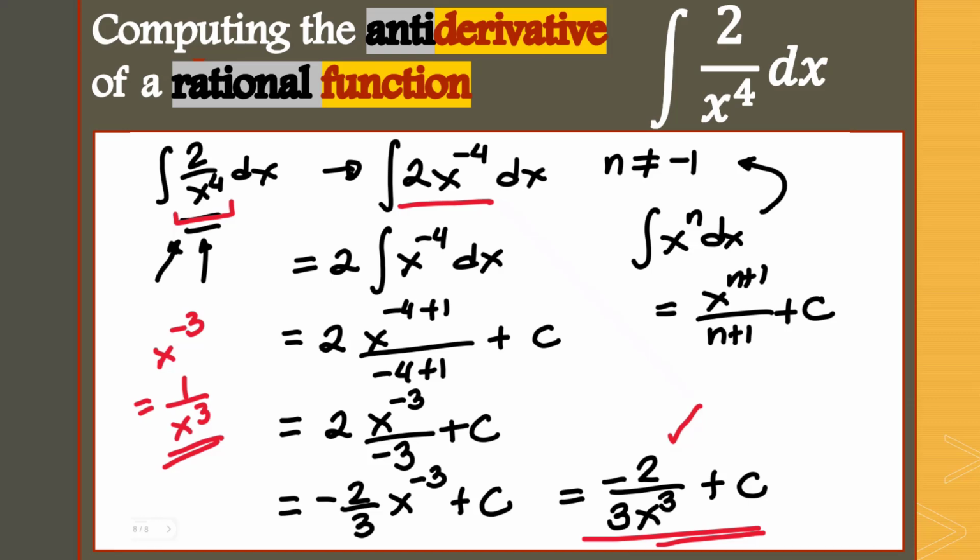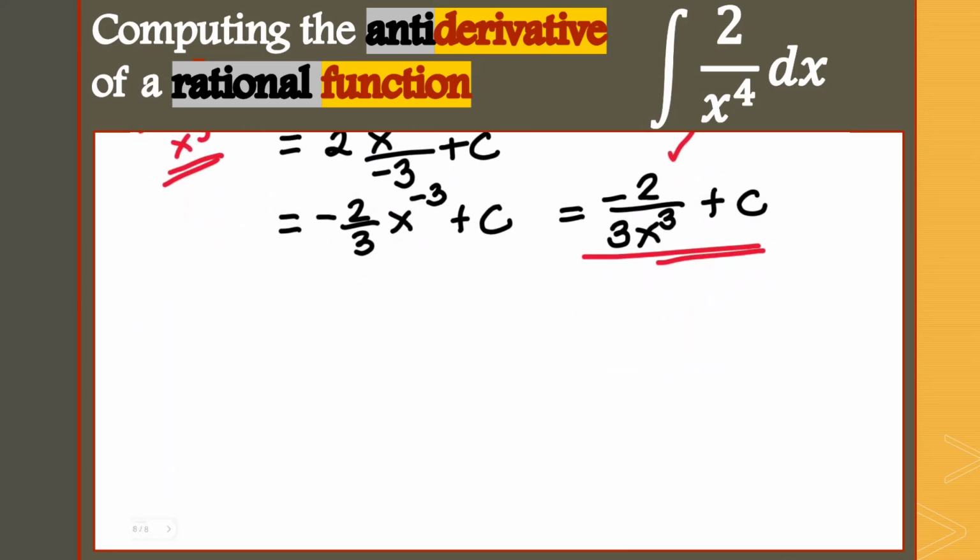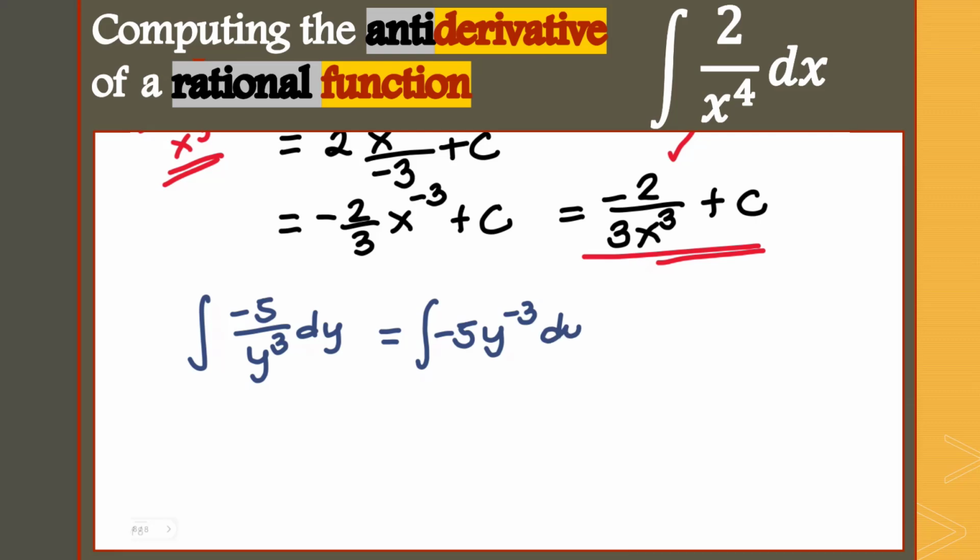Let us have another example to solidify our understanding here. What if we have the integral of -5 over y cubed with respect to y? What we can do here is again use the law of negative exponent: -5 y to the power of -3 dy.